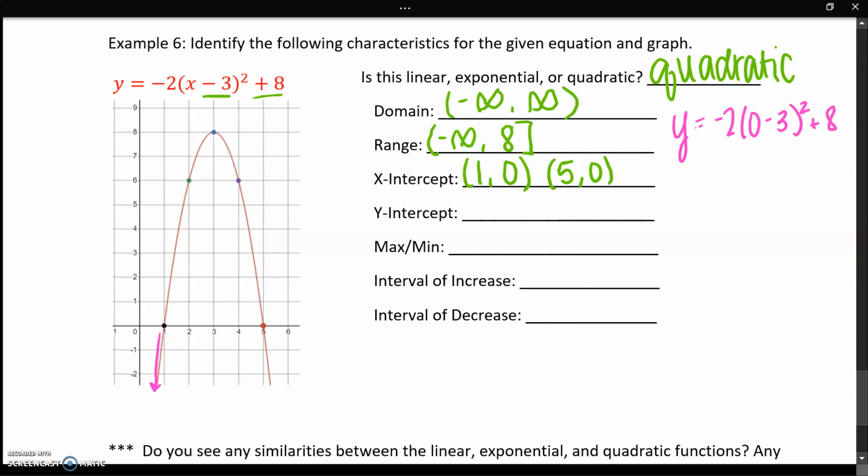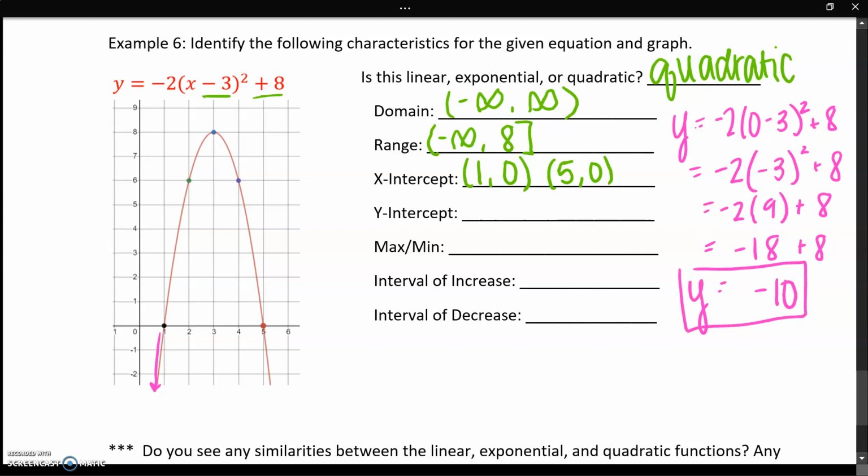And we're going to follow PEMDAS. So I'm going to do my parentheses first. E for exponent. Then I'm going to multiply. And then I will add.